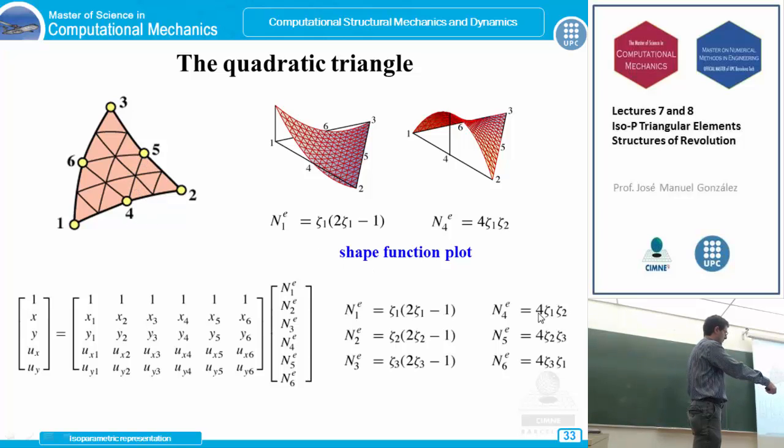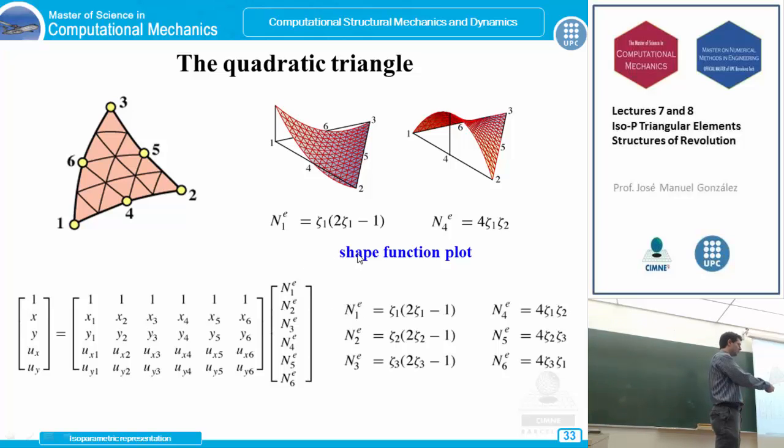And now we need a normalization factor of 4 to get a 1 here, because this is 1/2 for coordinate ξ1 and 1/2 for coordinate ξ2. So we must multiply by 4 to get the 1 in this node. Using the idea of vanishing the other nodes with these triangular coordinates, we get the shape functions for the corner nodes and the midpoint nodes in this way.